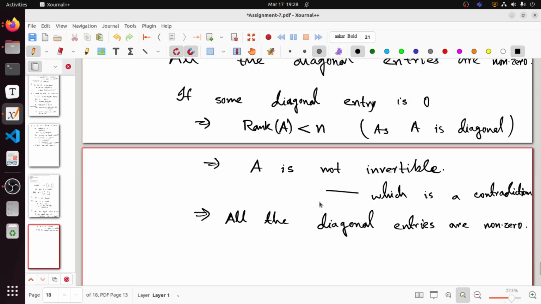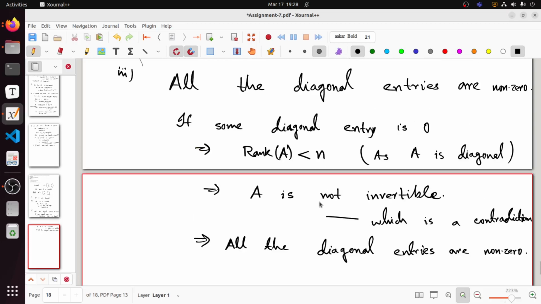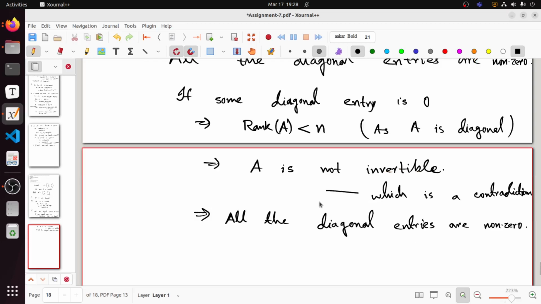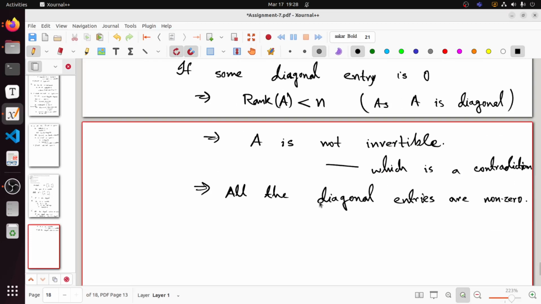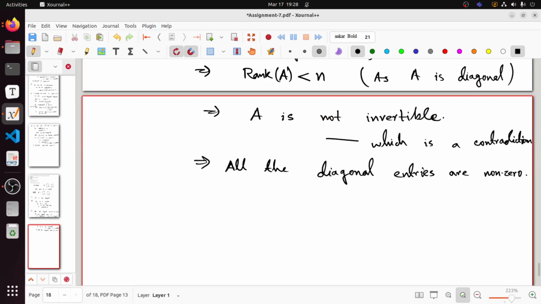Or you can use that the determinant of A is the product of the diagonal entries, right? So note that the determinant of A, because A is diagonal, you can check that this will be lambda 1 up to lambda n.